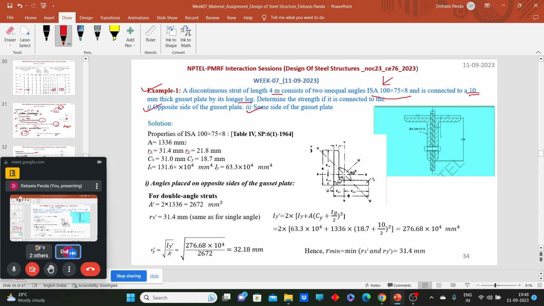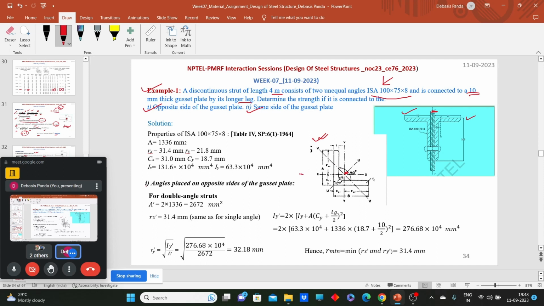Here you can see in the diagram that this is your gusset plate and the angles are placed on the opposite side of the gusset plate. Here you can see that the 100 leg is the connected leg and the 75 leg is the outstanding leg. Before going to the combined section, first let's try to understand where the CG lies for an angle section. Here you can see a snapshot from SP6, where the CG is somewhere here, outside the member.